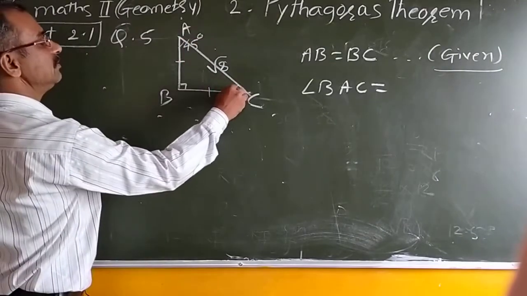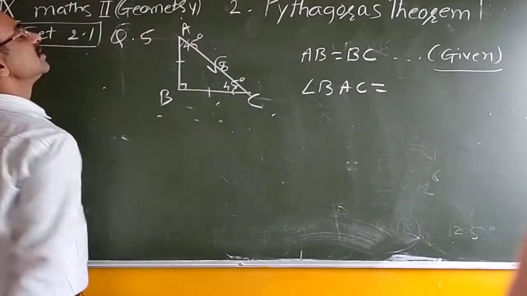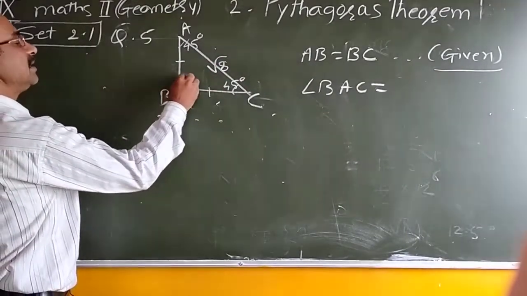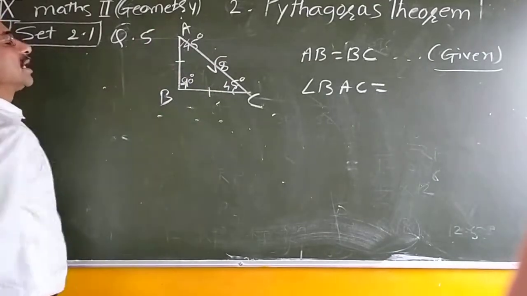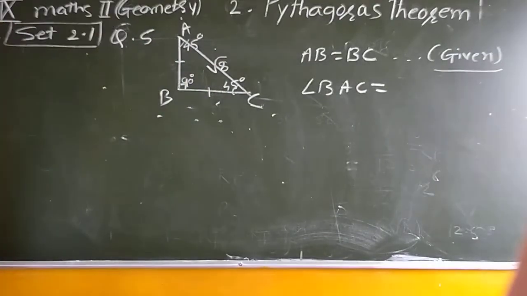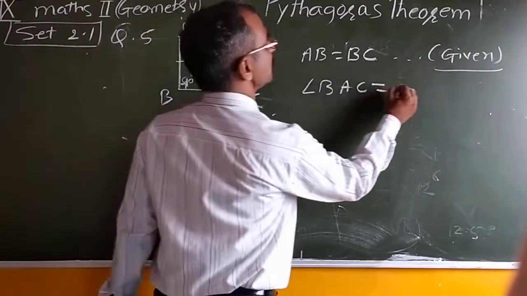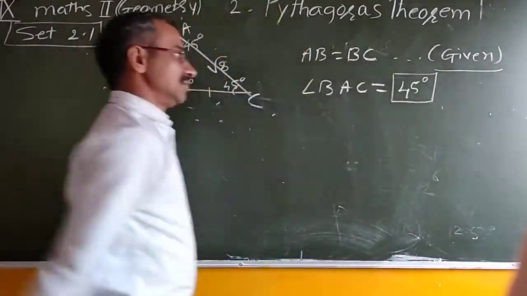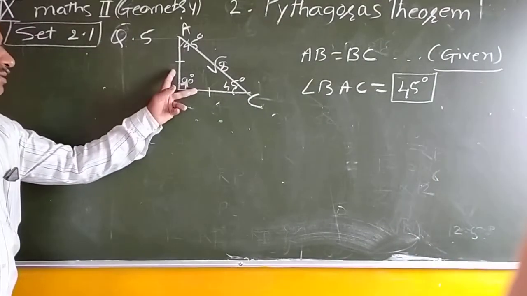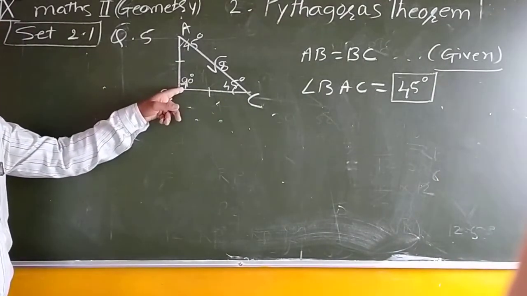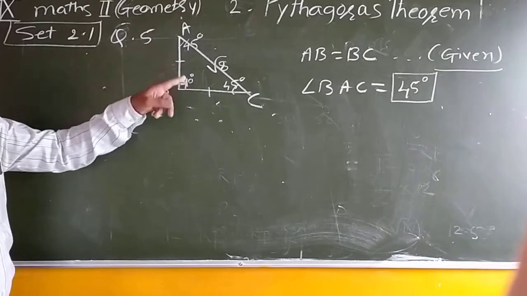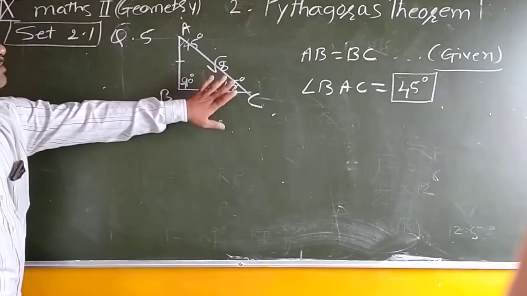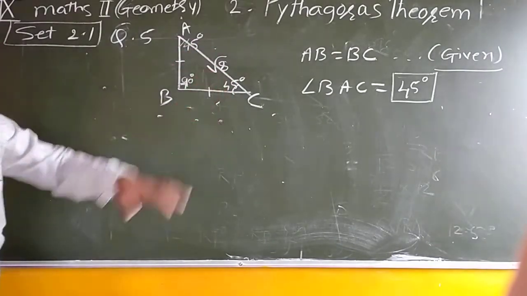So it is 45 and it is also 45 degrees. 45 degrees plus 45 degrees is 90 degrees, plus this 90 degrees, so we got the sum of the triangle as 180 degrees. Then angle BAC is 45 degrees. In an isosceles right triangle, if one angle is 90 degrees, then the other two angles are the same, 45 degrees each.